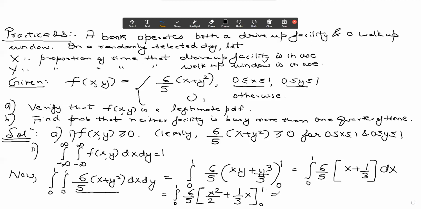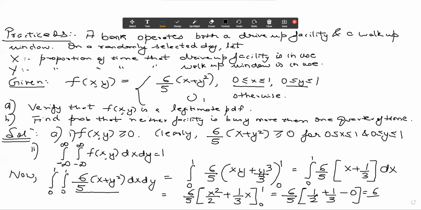Since I'm integrating, this sign will go. So this will be 6/5 times (1/2 plus 1/3). I am putting 1 here, minus, if I put 0, everything becomes 0.